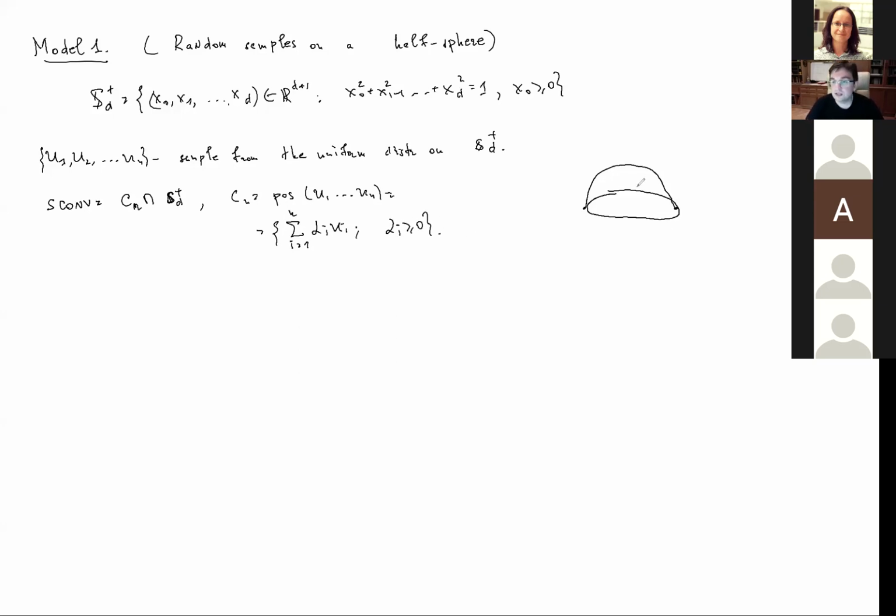So let's make a picture. We have a sample, say, 3 points on an upper half sphere. We have the origin. Let's draw half lines or rays through the origin and these points.